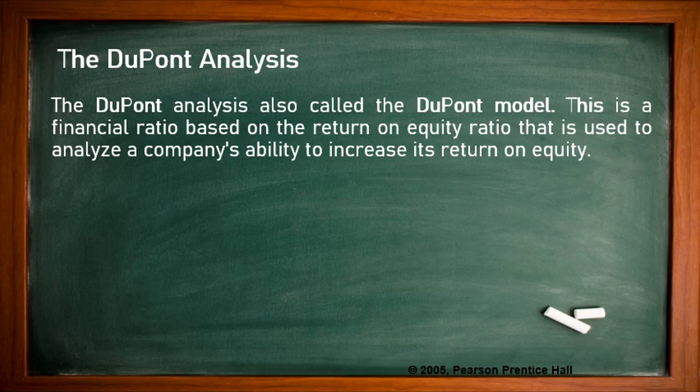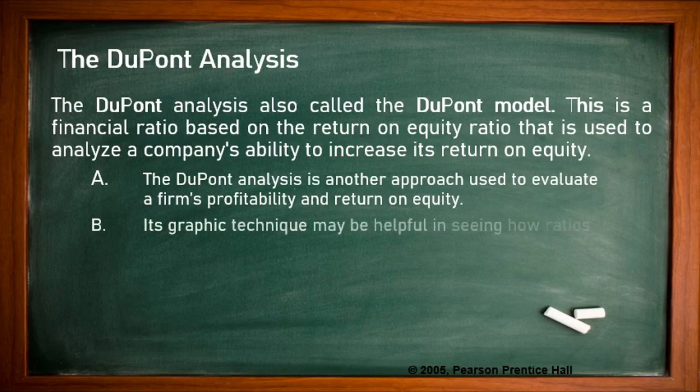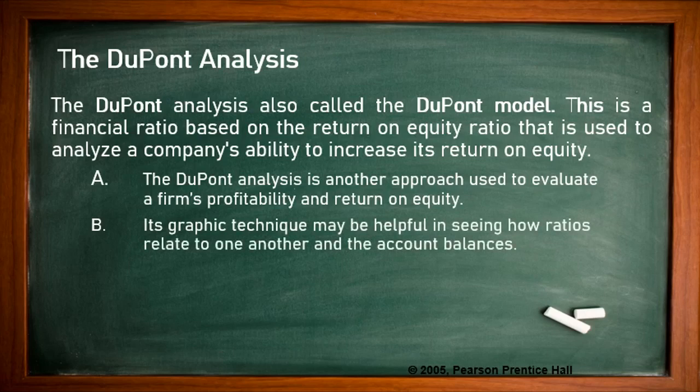For your better understanding, an example for the DuPont: ROE, we will put the value of net profit margin as I gave the formula, multiplied by total assets turnover, whole divided by 1 minus debt ratio. Just put the values in the formula. As you know, net profit margin is net income divided by sales, total assets turnover is equal to sales divided by total assets, and 1 minus debt ratio is equal to total debt divided by total assets.